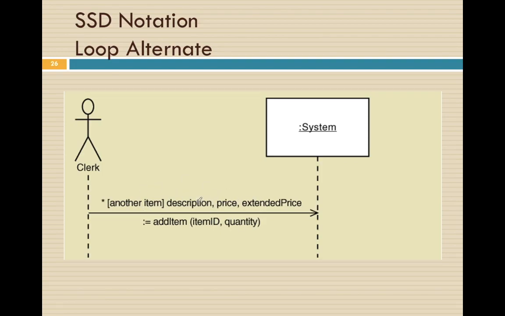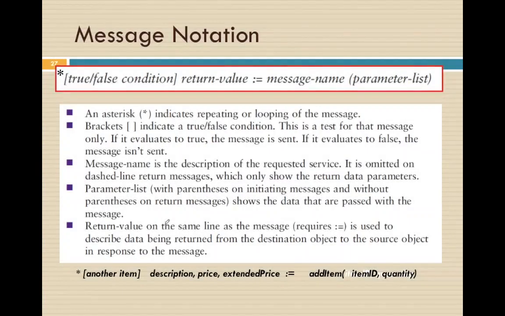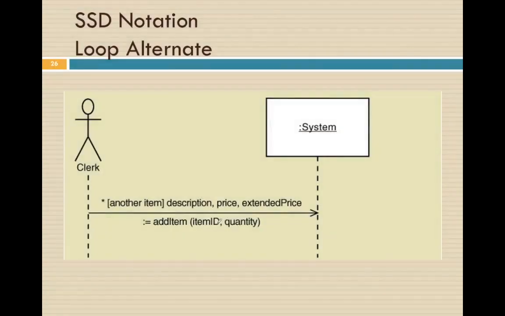This is the return value, this is the message name, and also the parameter list. It is actually in one line, but in this example the message and the parameter list do not fit to be put here.